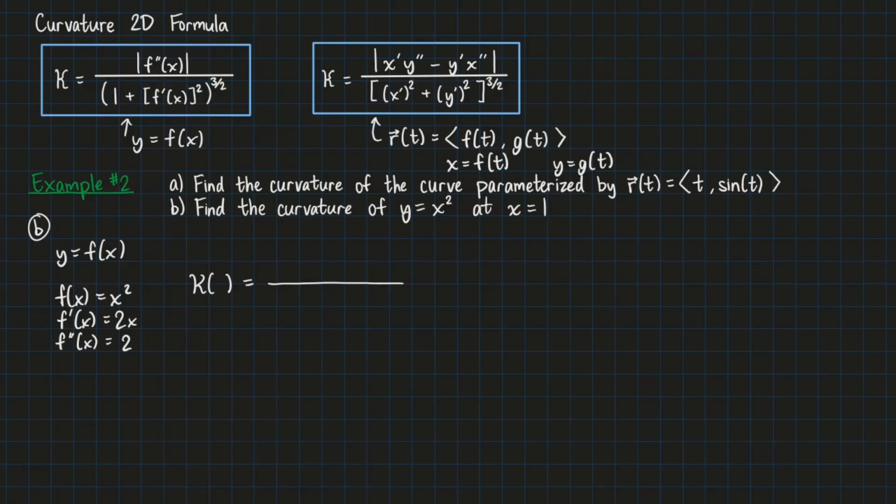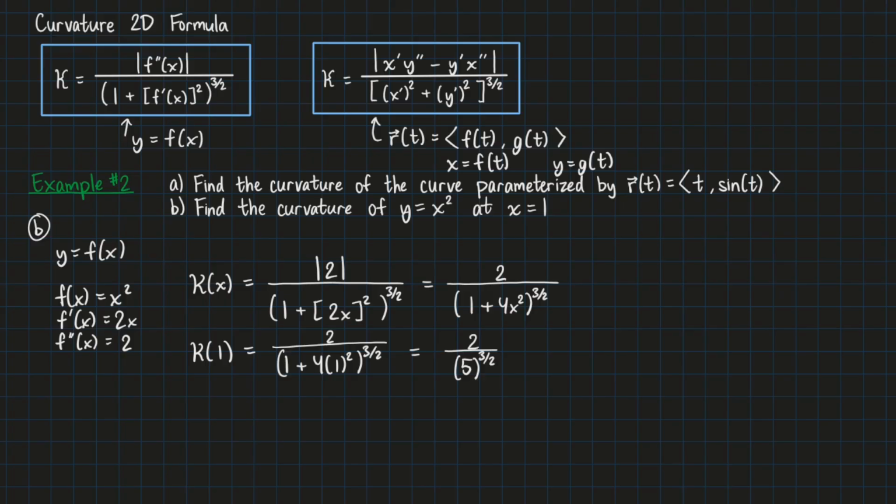So this is going to be curvature as a function of x now, and in the numerator we have the absolute value of f double prime of x, and in the denominator we have 1 plus f prime of x squared, and that sum is raised to the 3/2 power. And let's evaluate this at x equals 1. So the curvature of this curve at x equals 1 is 2 over 5 root 5.